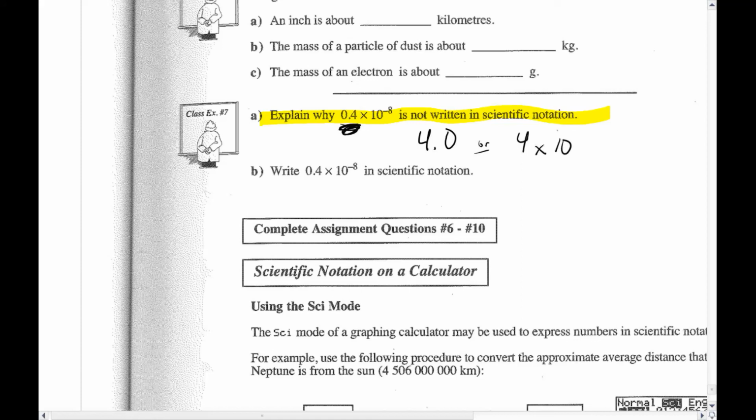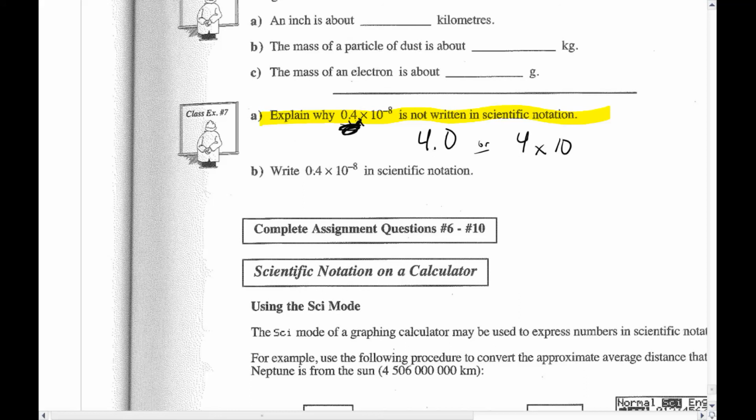So now it was 4 times 10 to the negative 8, or 0.4 times 10 to the negative 8. We had to jump that exponent one more.